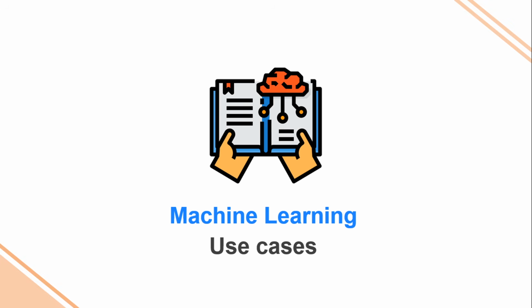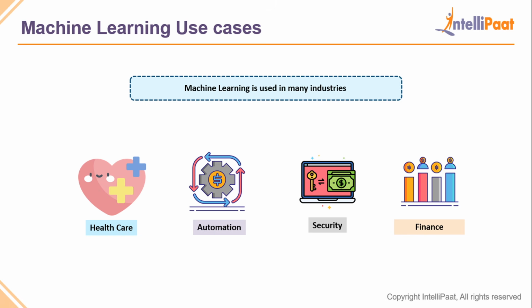Now let's take a look at some of the machine learning use cases. Machine learning, as I said, is prevalent in many domains. So it's not necessarily just computing. Machine learning is now used in almost every industry, beginning with healthcare. In healthcare, machine learning is used to do a variety of tasks, mainly to assist doctors.